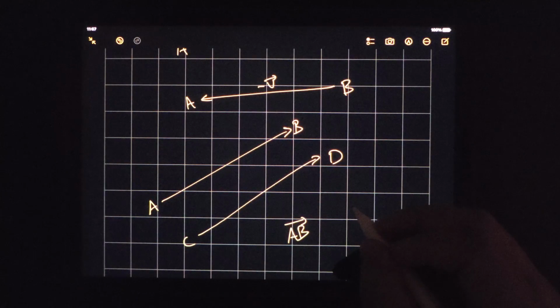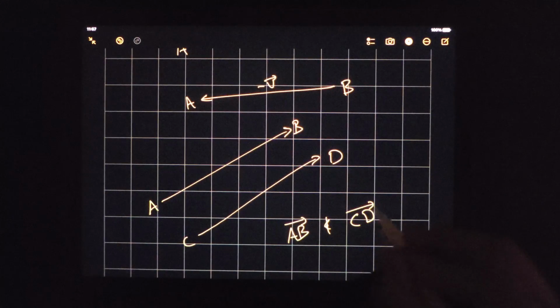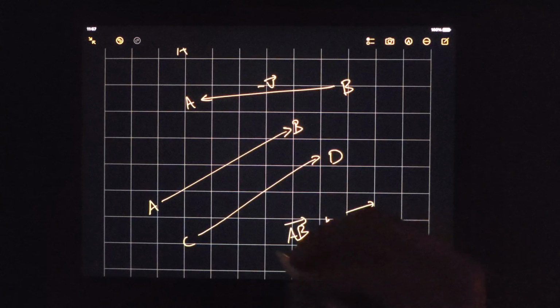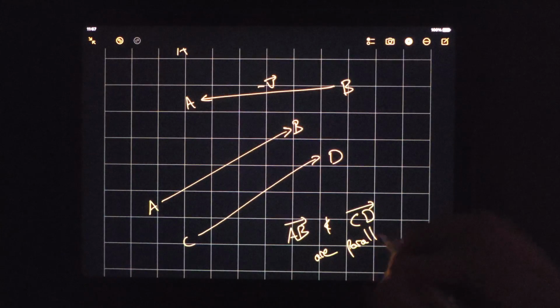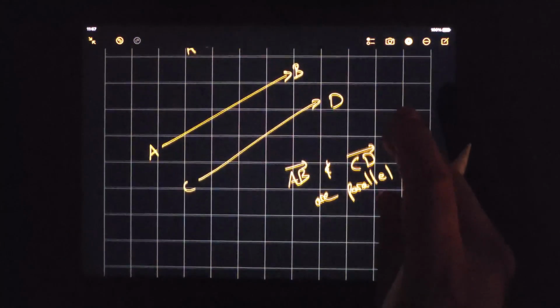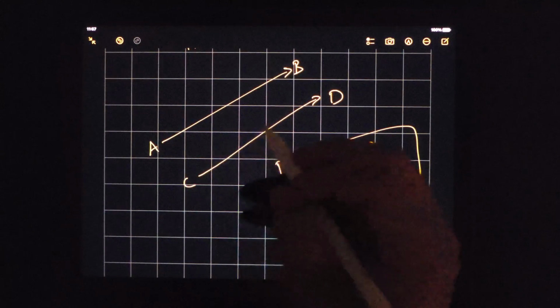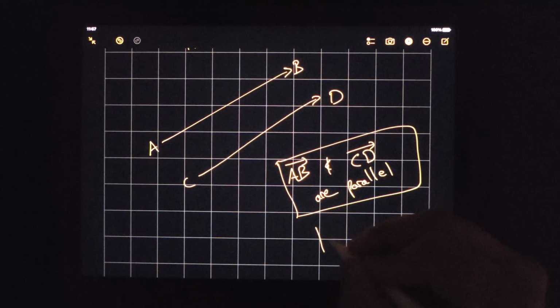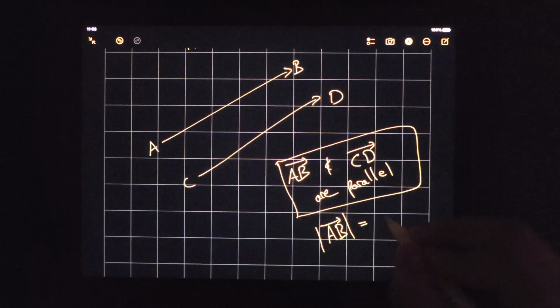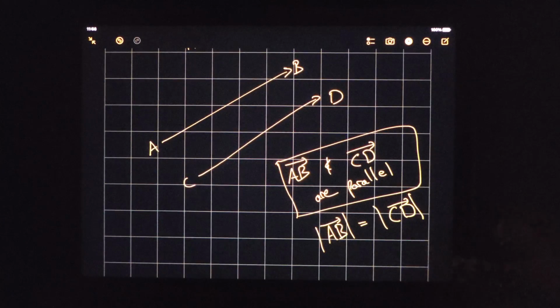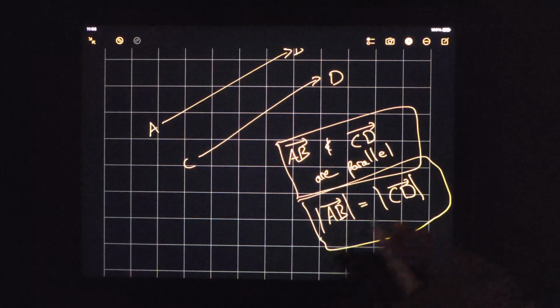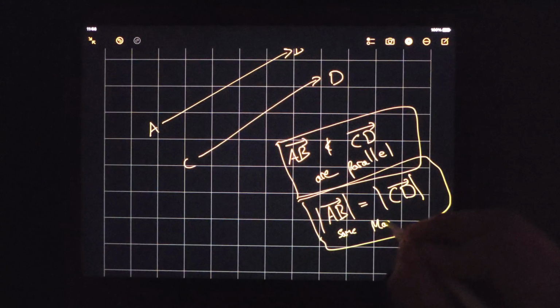We could actually say that AB and CD are parallel to each other, as well as, let's say that their magnitude, so the magnitude we would note as A like that under these absolute signs, same magnitude.